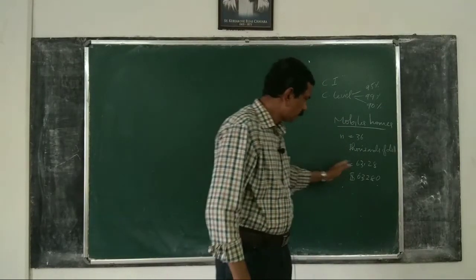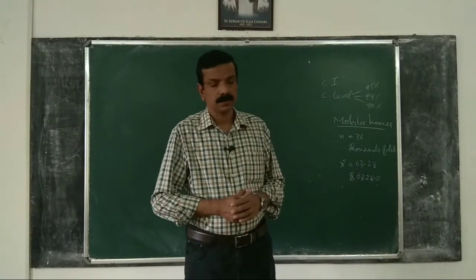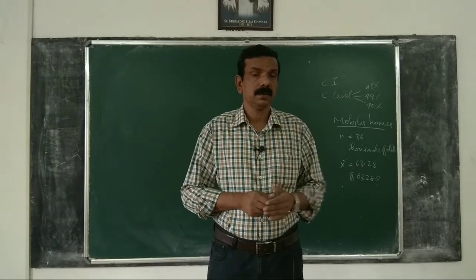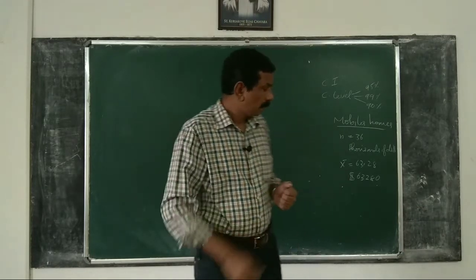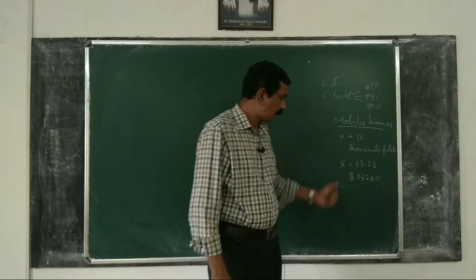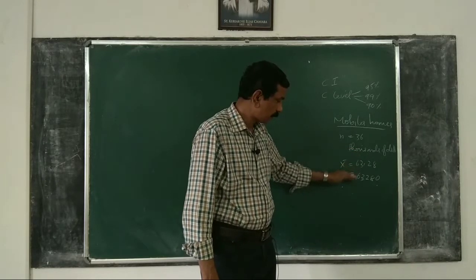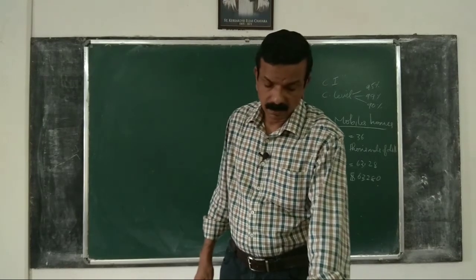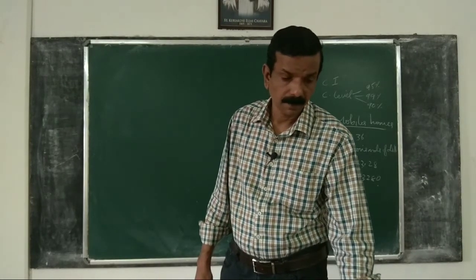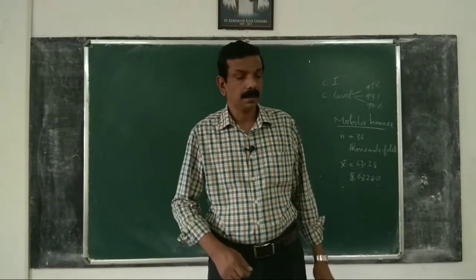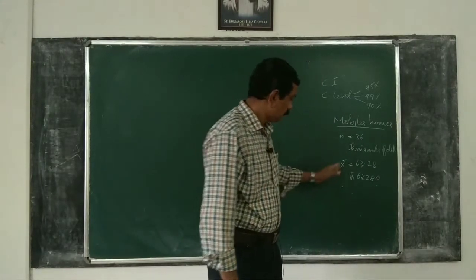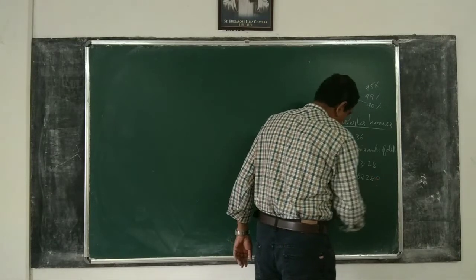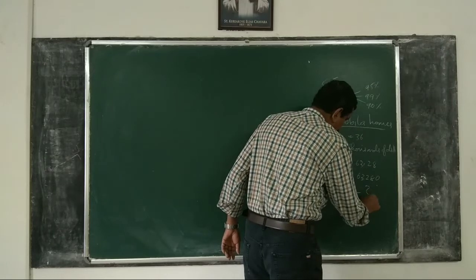And this X bar is a point estimate, as is known to you, because it provides a single value for the parameter mu. Now we will see how this X bar is used to construct a confidence interval having a certain confidence level. Remember, X bar is 63.28 or 63,280. Mu is unknown.